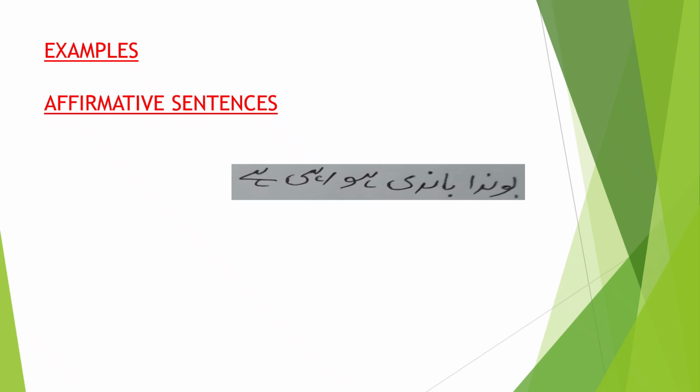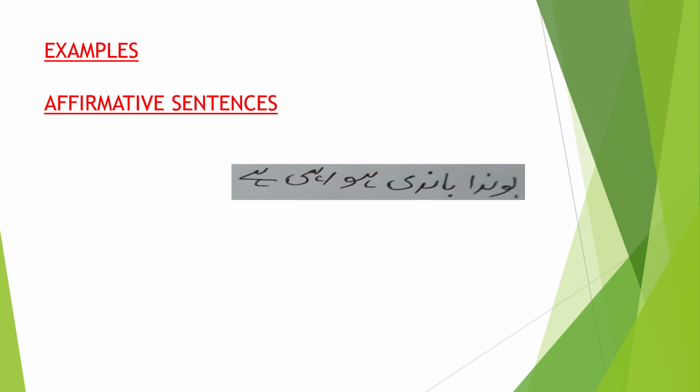Alright students, you must have seen your grammar books and I have taken a few examples from your textbook so that we can apply the rules and convert these given sentences in the book into English. The first sentence given in the book is boonda baandi ho rahi hai.